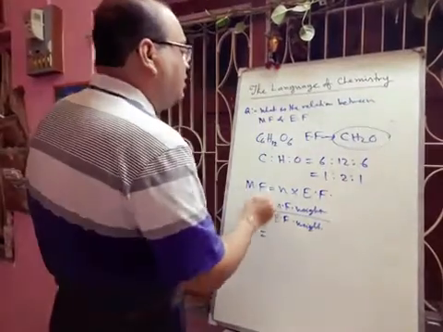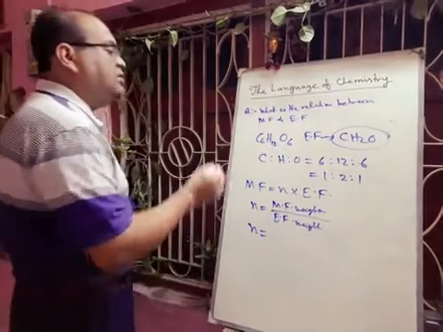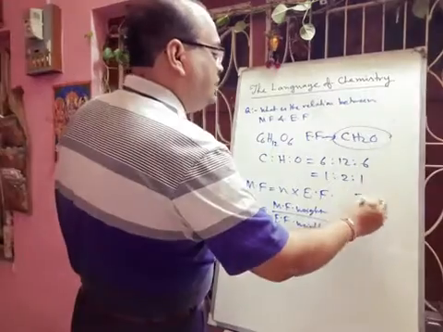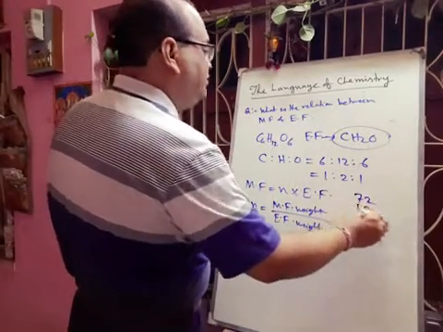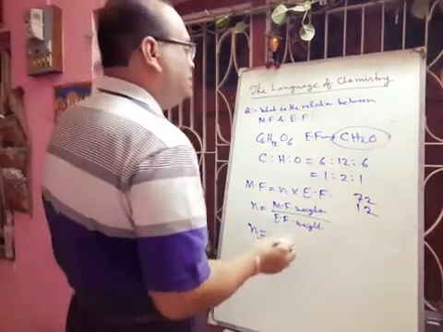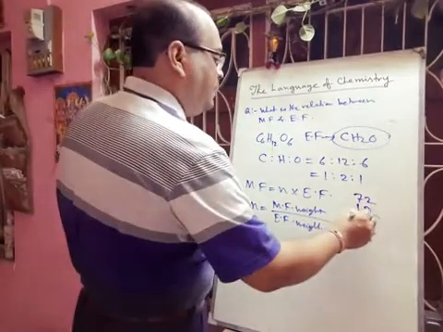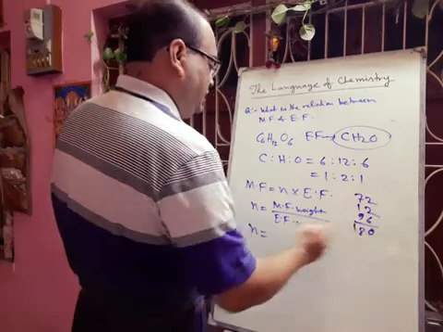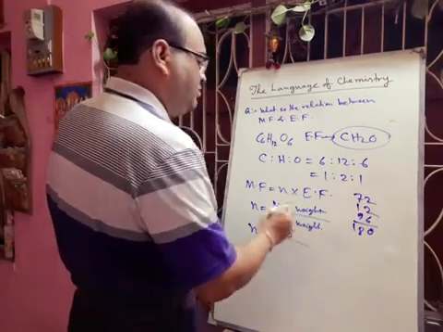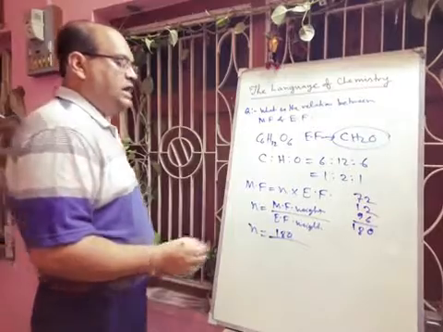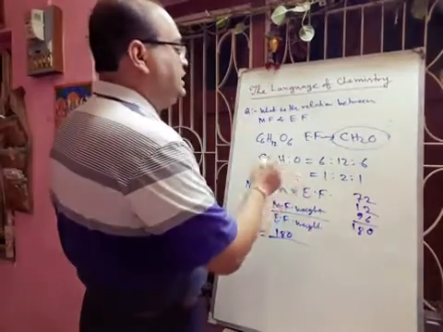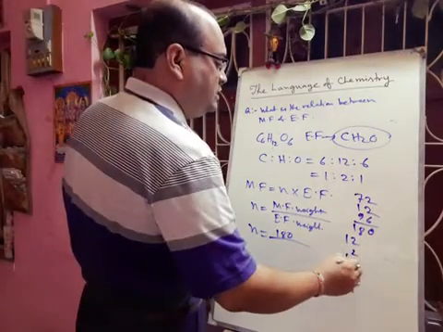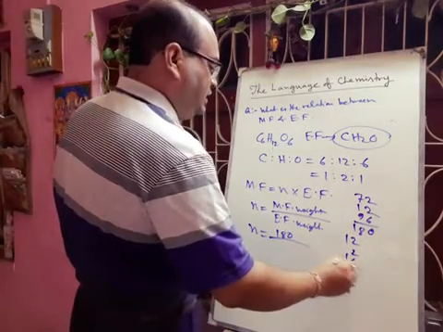You calculate the molecular mass of glucose: carbon is 6 times 12, that is 72, hydrogen 12, and oxygen 6 times 16, giving 180. The empirical formula weight of glucose, CH2O: carbon is 12, hydrogen 2, oxygen 16, so it is coming 30.